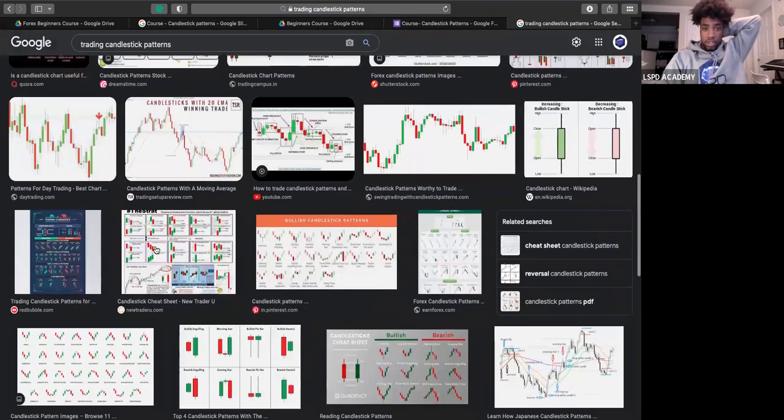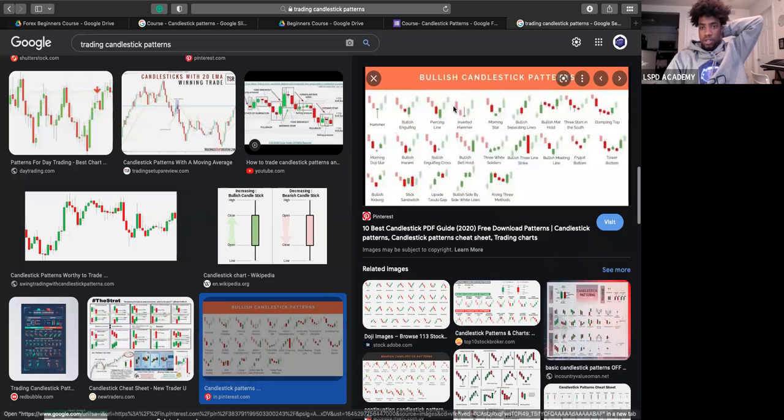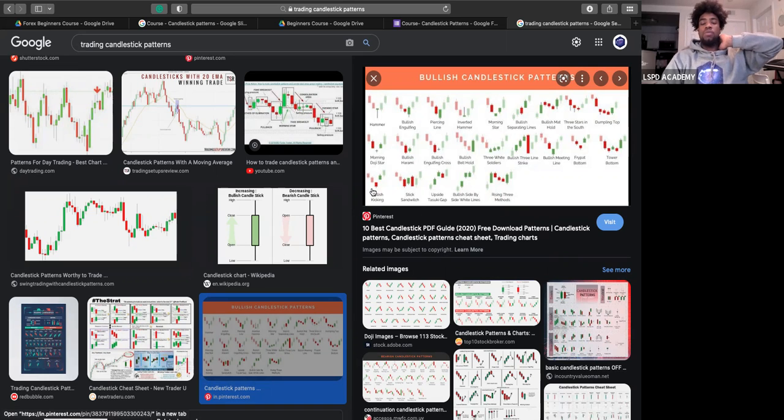So we see this wide range, right? Hammer, bullish engulfing, piercing lines, inverted hammer, morning star, right? We see this wide range of doji, these wide range of patterns, right?